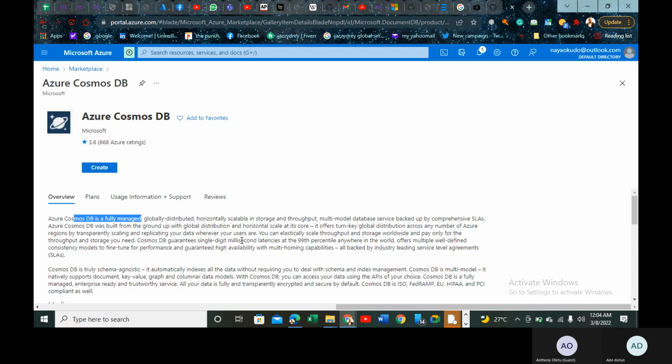When we want to learn, we really want to learn this, so we leave it for the moment I learn. Why? Because it's fully managed and globally distributed. That's the word: globally distributed.